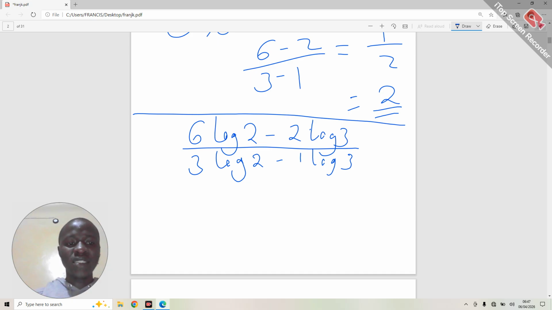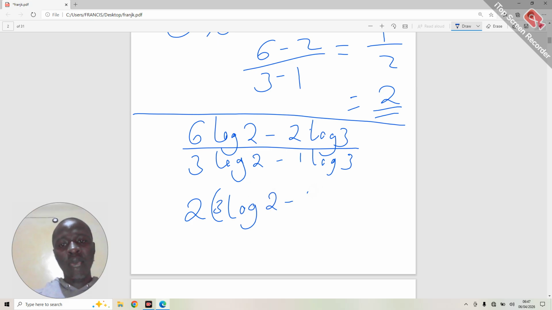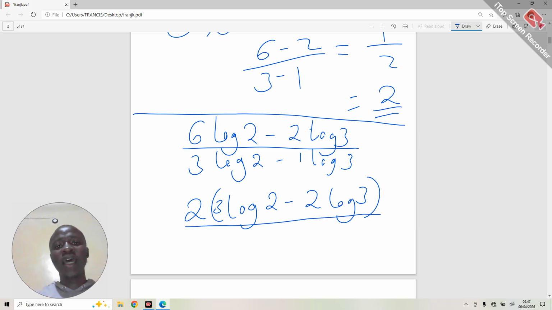So we shall factorize it and have 2 into bracket 3 log 2 minus log 3, all over, in the denominator, there is nothing, only 1 can go into all those numbers.